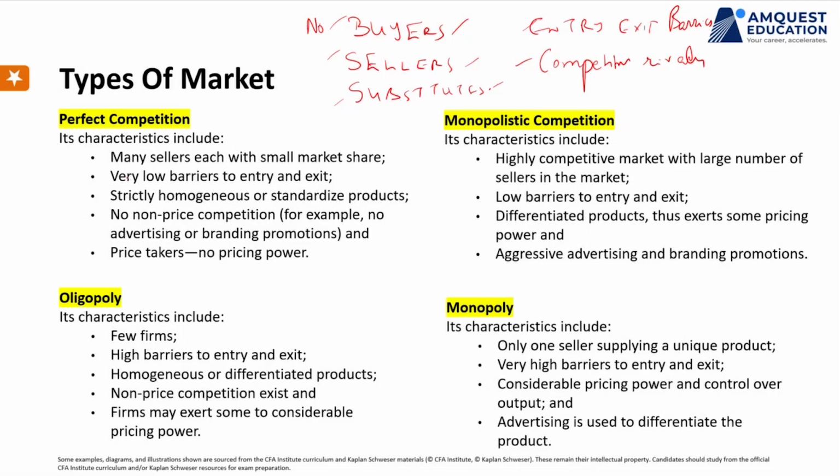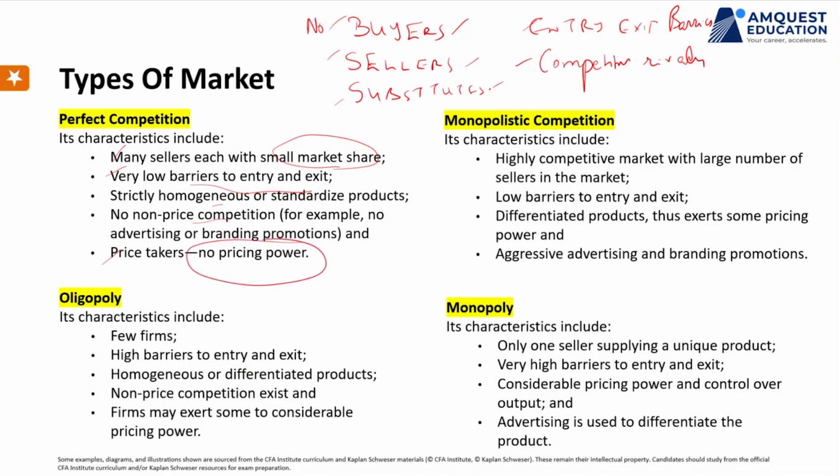So look at the features. Many sellers, each seller has a small market share. Low barriers to entry and exit. Anyone can enter and exit. There's no permission required except for FDA approval. Homogeneous products, and there is no non-price competition, right? People compete based on price. And the best part in such markets, there is no pricing power.